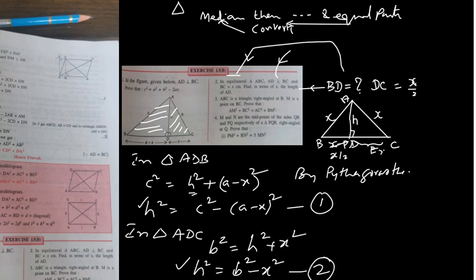Correct. x square and x square get cancelled. So 4 is equal to AB square.